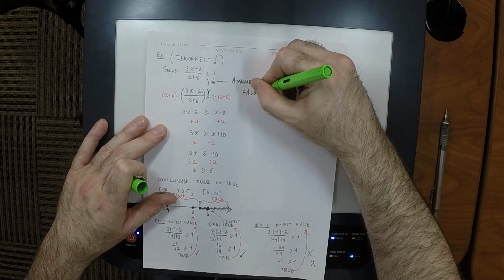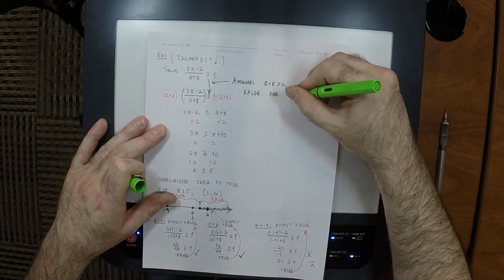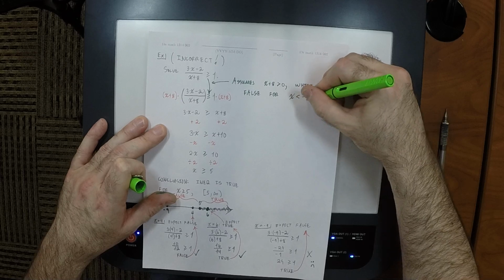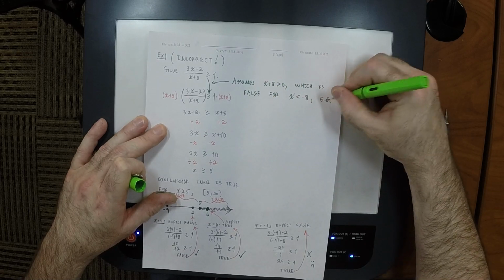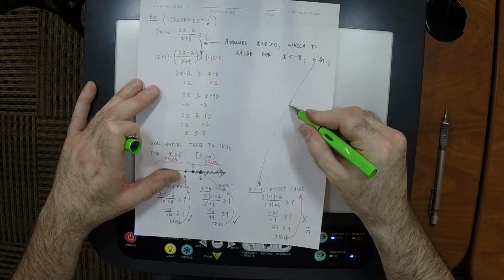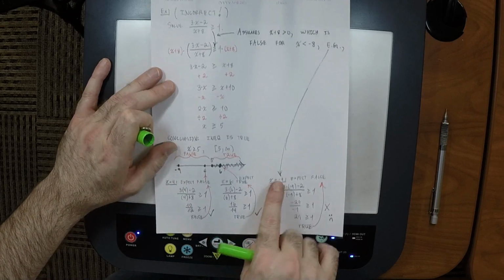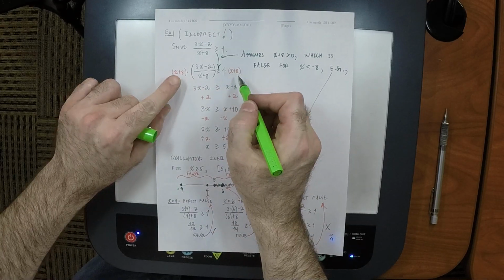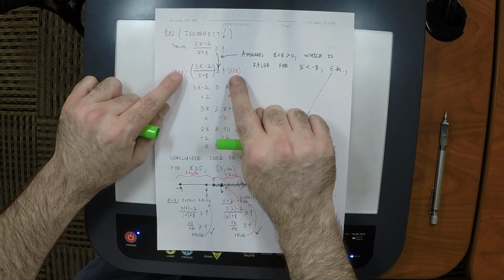Which is false for x less than negative 8. For example, when x is negative 9. Notice that if x were negative 9, then this factor would be negative 1.